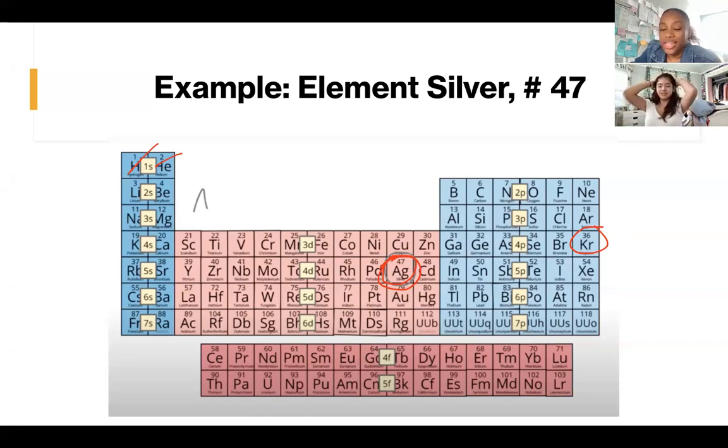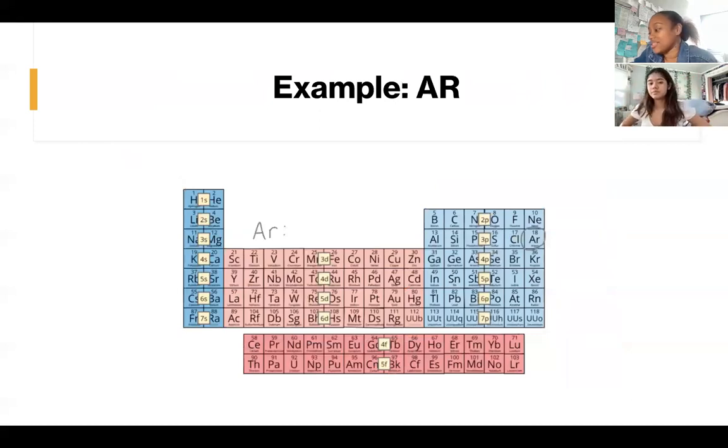So here's another last tricky one, because I think this is our last thing for today. It's when you have to figure out the shortcut for an actual noble gas. How do you do that? In order to find the configuration for the actual noble gas, you have to go back to the last noble gas.